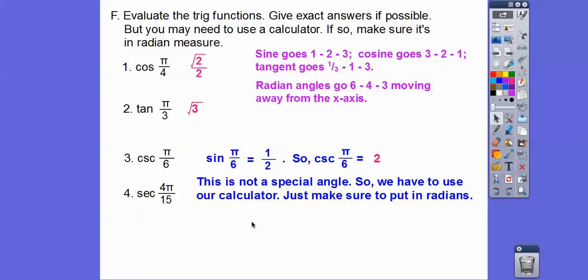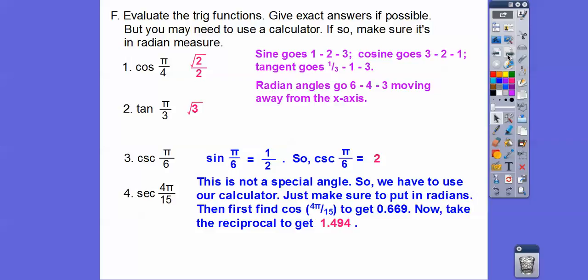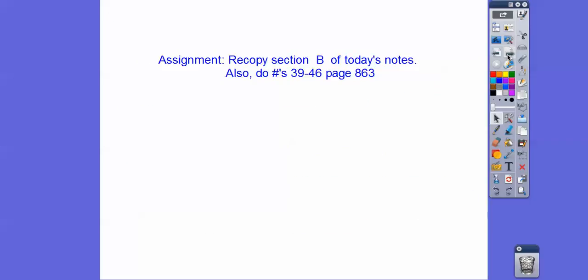When we punch that in radians, I got 0.669. If you hit your 1 over x button, or just do 1 divided by that number, when you reciprocate that, you get 1.494. You guys, if you're in my class, that would be your assignment.